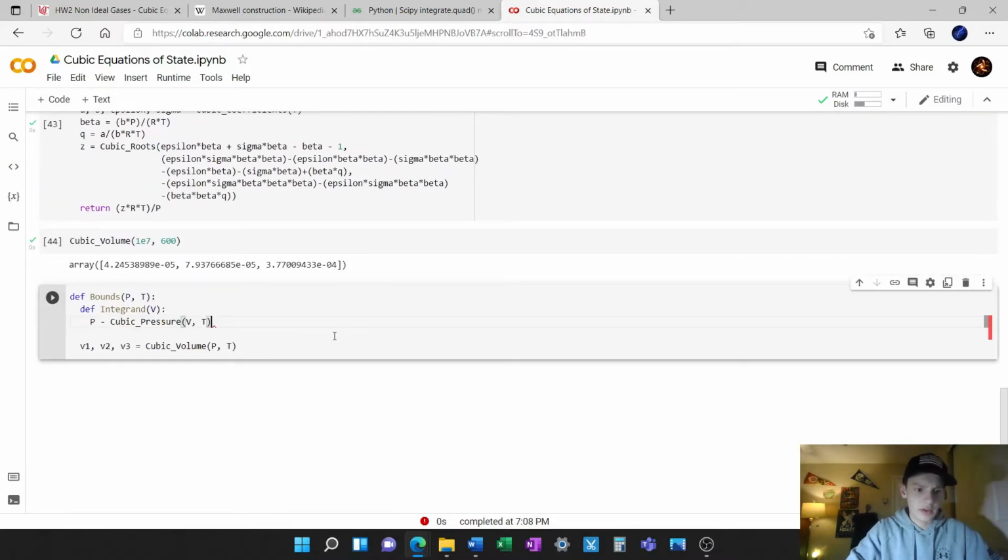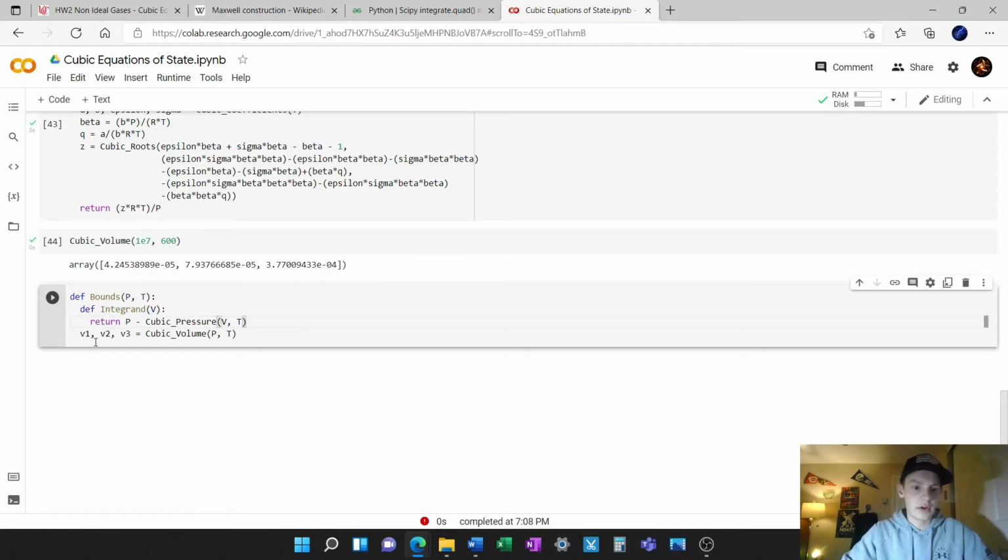Oh, I just lost it again. Oh, scroll up too far. So let's see what that looks like. Sorry, I should have specified, this is going to be the return for this function. Very simple, right? This is our integrand, that's what we want to return.